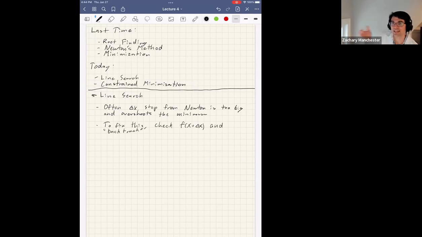Basically chop the length of the step down until we get a, in quotes, good reduction in our function f. So that's the general intuition for this. There are a lot of specific implementations and strategies you can use to do this. We're going to talk about the simplest one that works, basically.